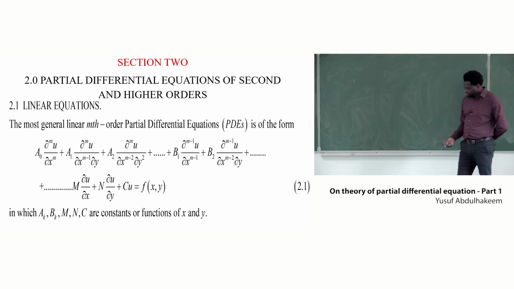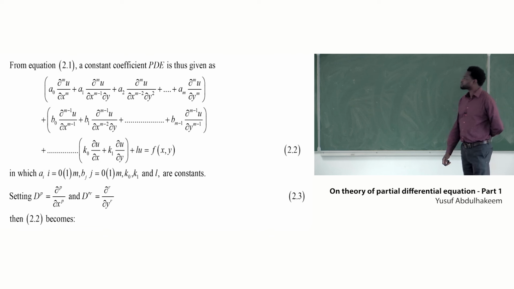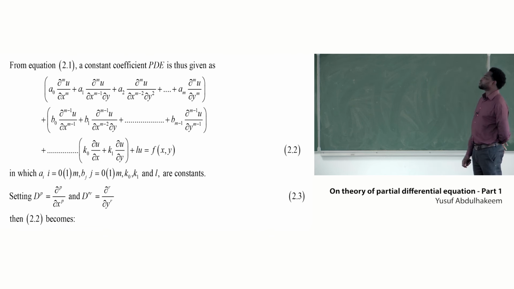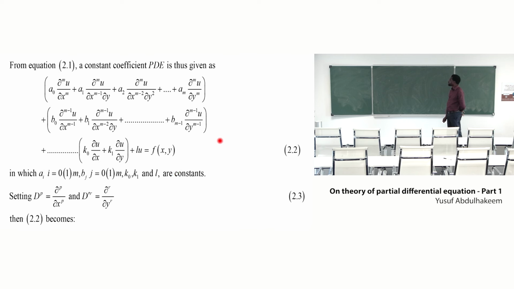From equation 2.1, a constant coefficient PDE is thus given as what we have here, where all the coefficients of this derivative are constant. All these, a naught, a1, a2 to am, b naught, b1 to bm, are all constant.